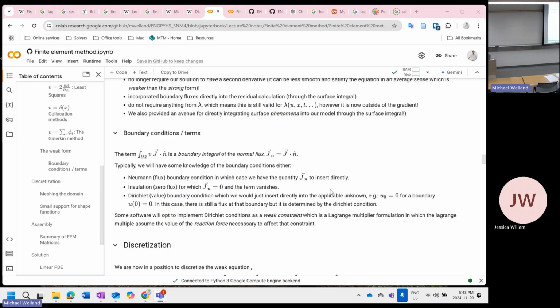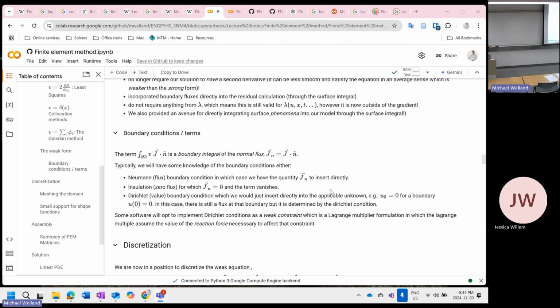You say it's 0, but you put that value into your vector of unknowns. So you end up not solving for that degree of freedom at all because you give it. In which case, the flux adapts accordingly. So you fix the temperature and your flux, your slope at that boundary, becomes whatever it needs to be in order to fix that temperature.